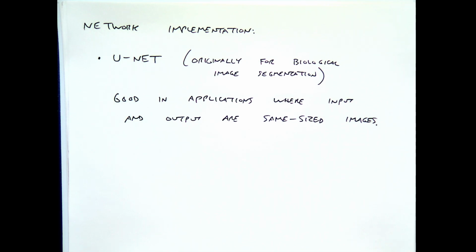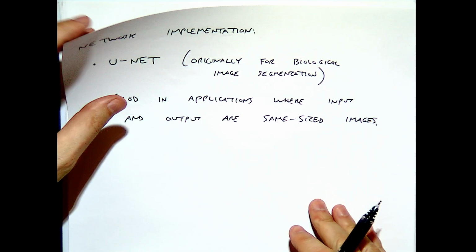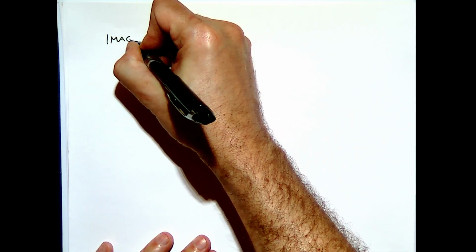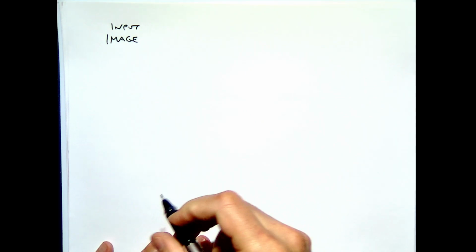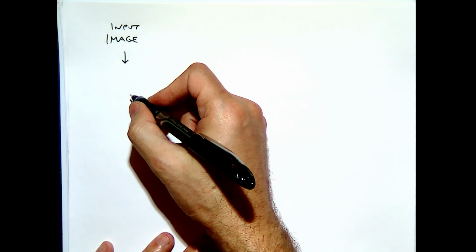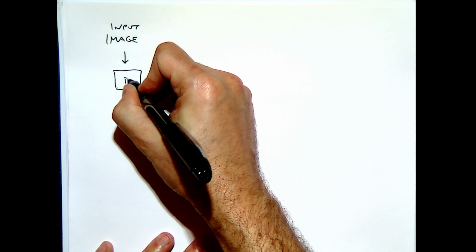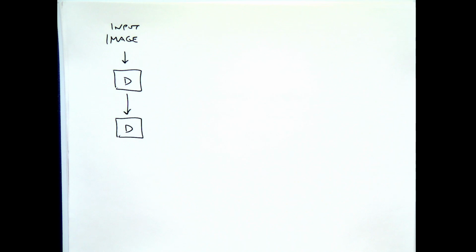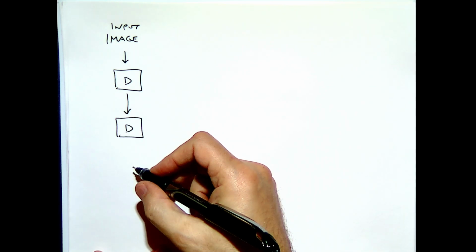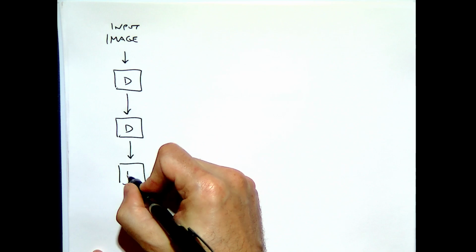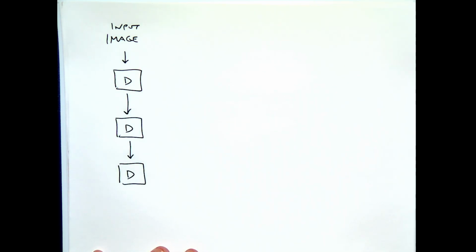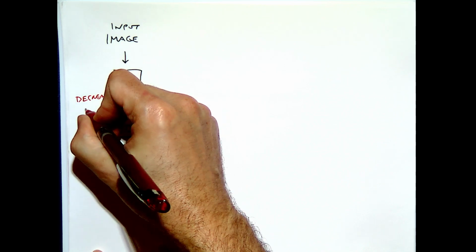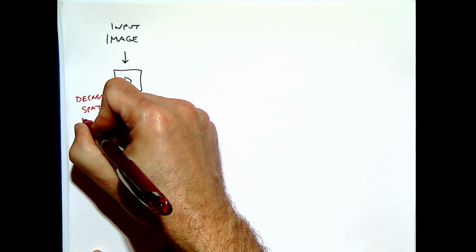And so the U-net idea, if I'm going to very sketchily draw the architecture, is the following, right? I've got an image. This is my input. What I do is I put this image through a bunch of blocks, and each of these D's is a neural network itself, a little mini set of layers that is going to sequentially decrease the spatial resolution.